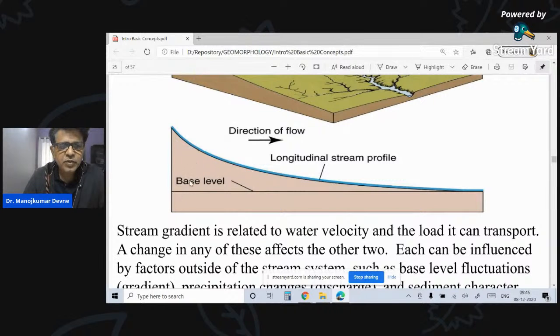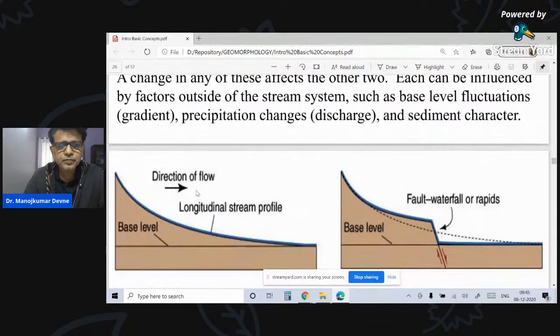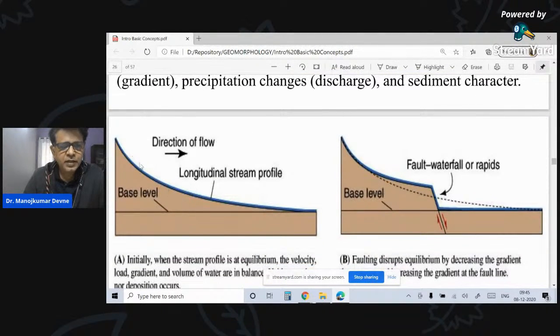The attempt of the stream is to bring all this to the base level. It will always try to do that. And you'll see that if this is a graded profile, yesterday we said it's in balance of erosion, transportation, and deposition. Anything above this longitudinal stream profile would be an attempt to cut that and to fill up what is below this.